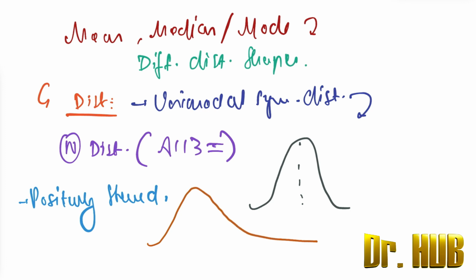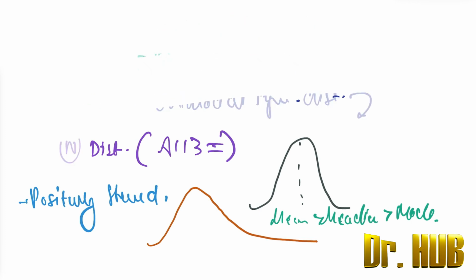This is the positively skewed distribution. In this case, the mean is greater than the median, which is greater than the mode.